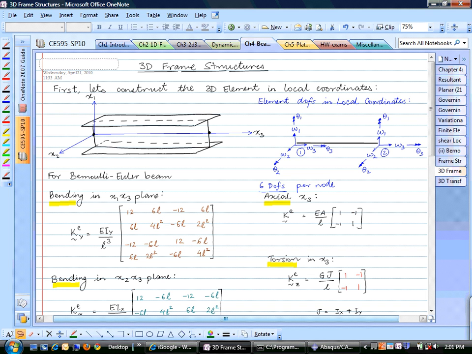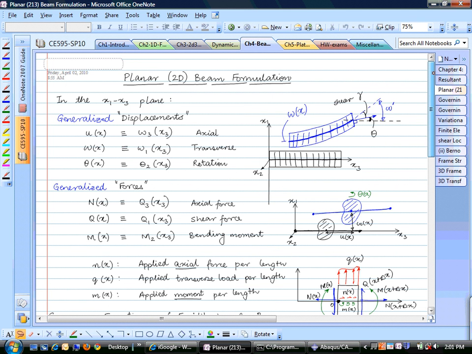So all that theory that we had developed for Timoshenko beam and for Bernoulli-Euler beam theory and all that, that was planar beams. And if you remember when we were setting up that planar beam, we said that our actual beam is in 3 dimensions. So this is x1, x3, and x2. What we chose to look at was x1 and x3.